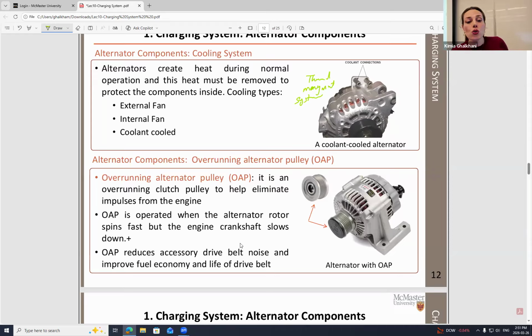We have different cooling types, right? One of them is the external fan, and usually when we have a fan in order to cool down the system, either the engine or around the engine, or the battery, we call it active cooling, right? How many of you are familiar with active and passive cooling?